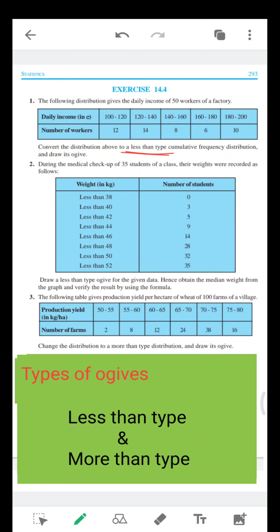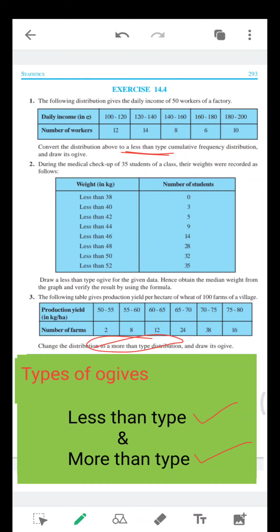In the last, third question you can see he is asking more than type of distribution and draw its ogive. So basically we have two types of ogive, that is less than type and more than type. So let's see how to answer these type of questions with few examples.